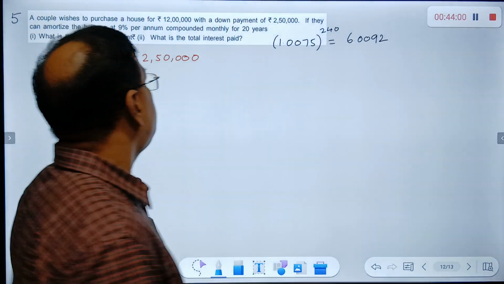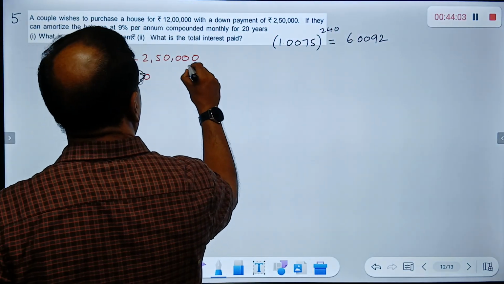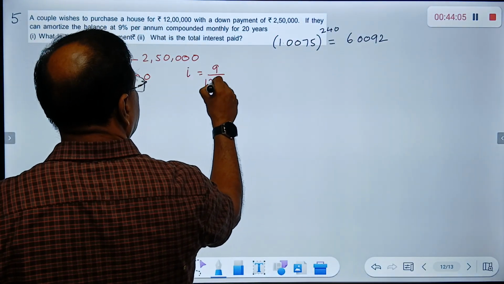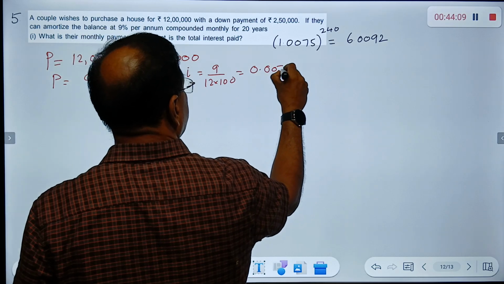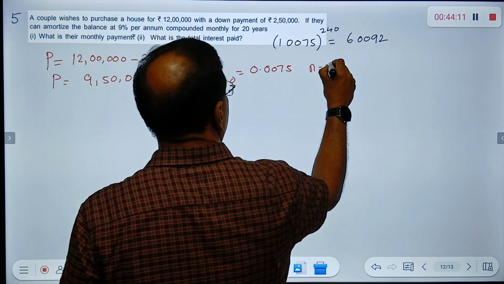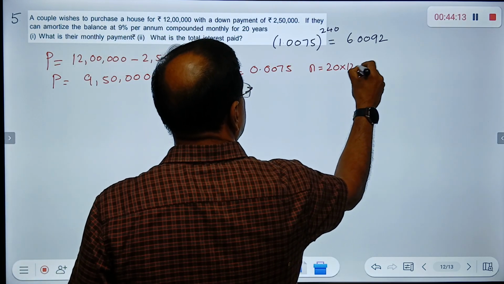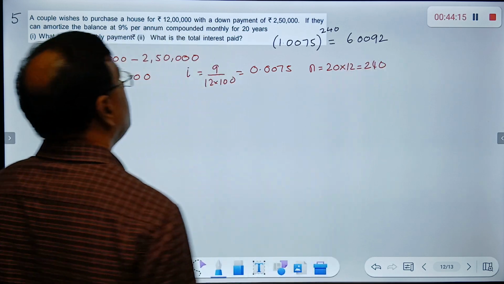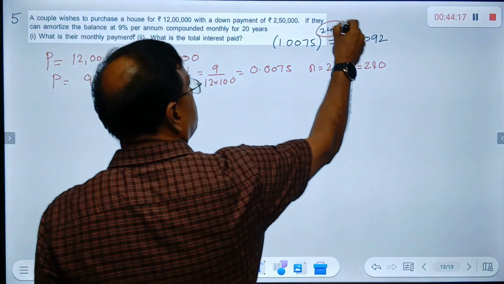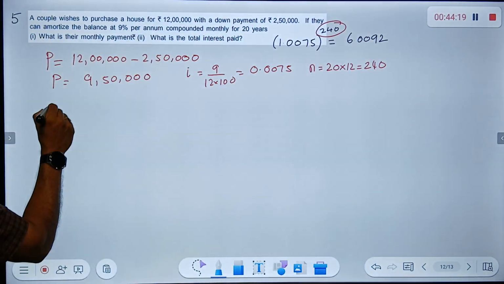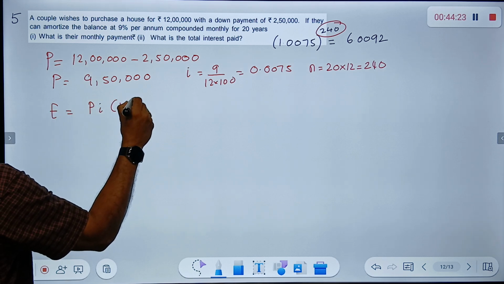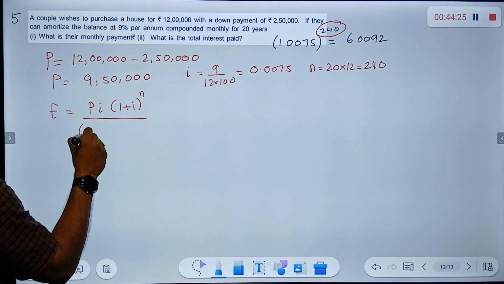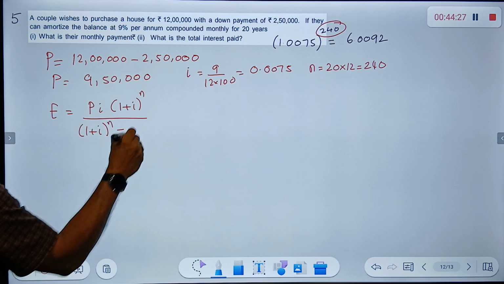Okay. Now what is the interest rate? 9 by 12 into 100, which is 0.0075, and the number of periods is 20 into 12, which is 240. Now since the power is positive, I will use this formula, P into I into (1 plus I) to the power of n divided by (1 plus I) power n minus 1.